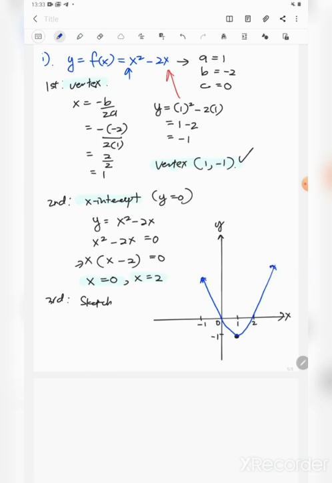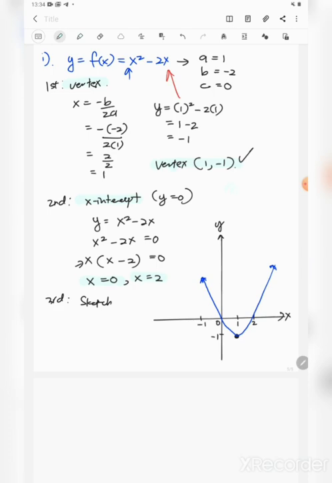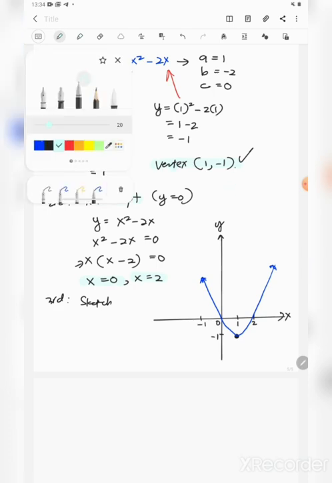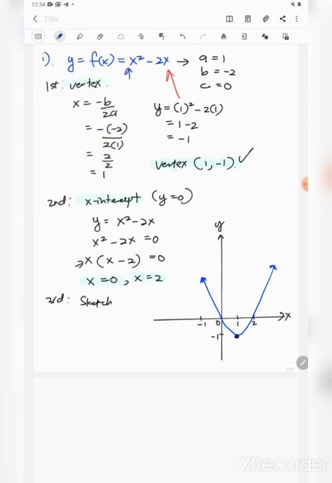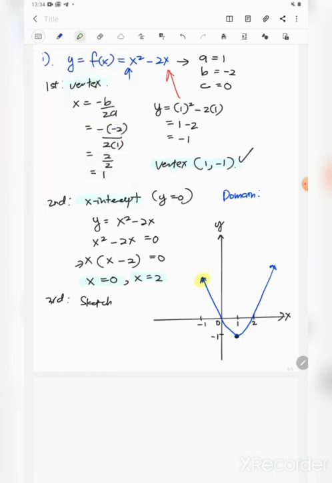Pointing up means that this is for the range. And now, never mind, we start with the domain first. For the domain, we know that we read the graph from left to right. So now our left graph, the graph will always go to the left side, which means our graph will be negative infinity here.